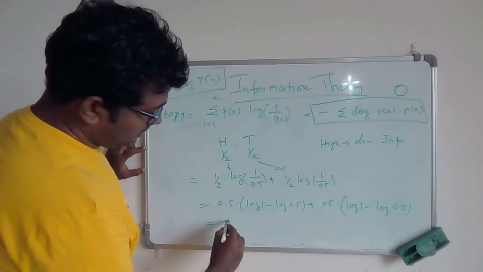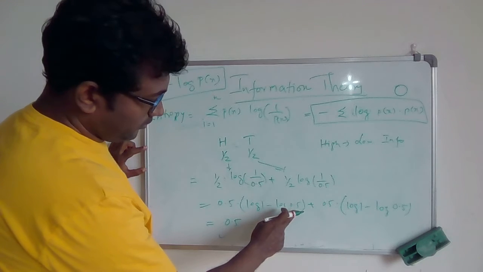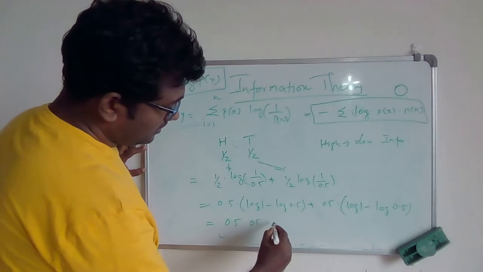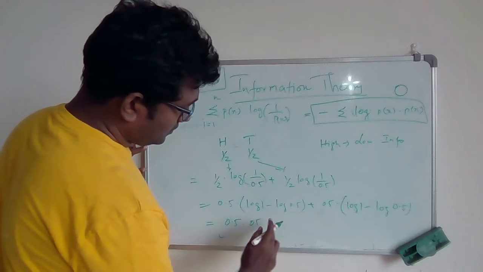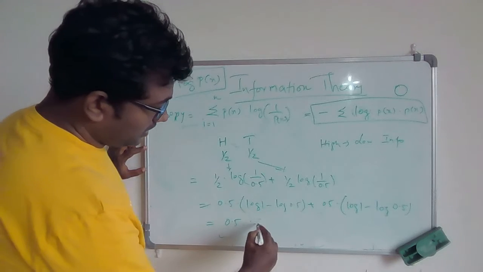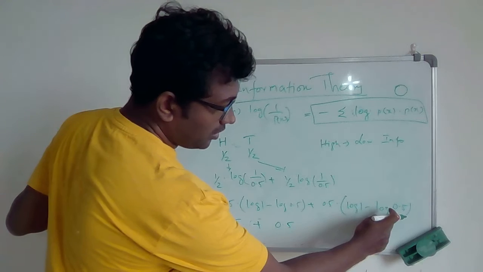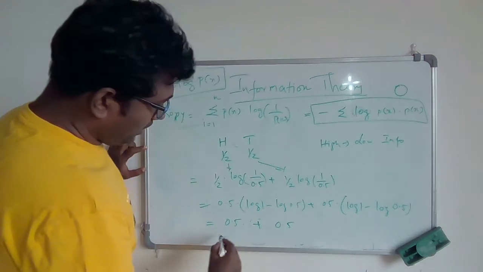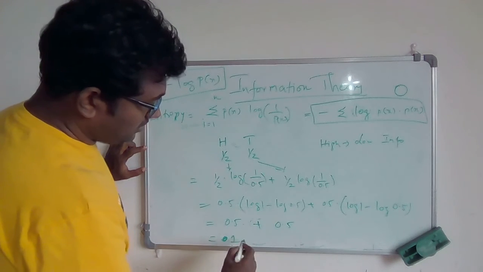Log 1 becomes 0, and log 0.5 becomes minus 1. So minus into minus is plus, and this becomes 0.5. Here also, 0.5 into log 1 is 0, log 0.5 is minus 1, minus into minus plus, so this becomes again 0.5. So the total entropy of a fair coin is 0.5 plus 0.5, which is 1.